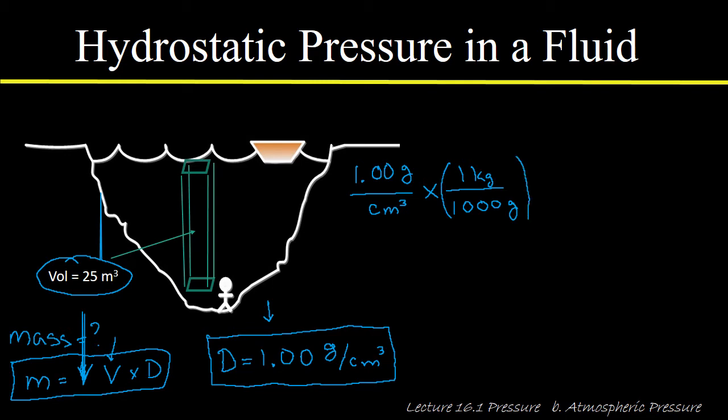And then to convert from cubic centimeters to cubic meters, we remember that there are 100 centimeters in 1 meter. Oops, I did that upside down.